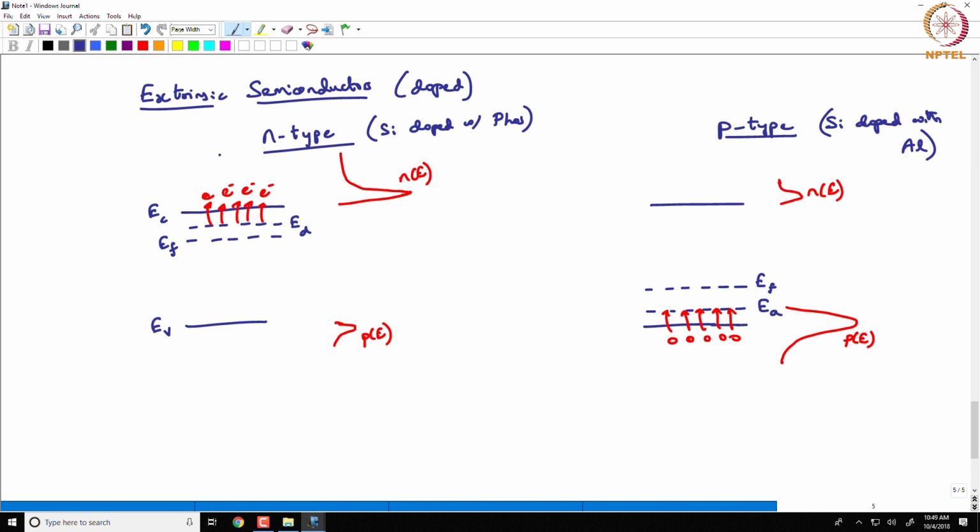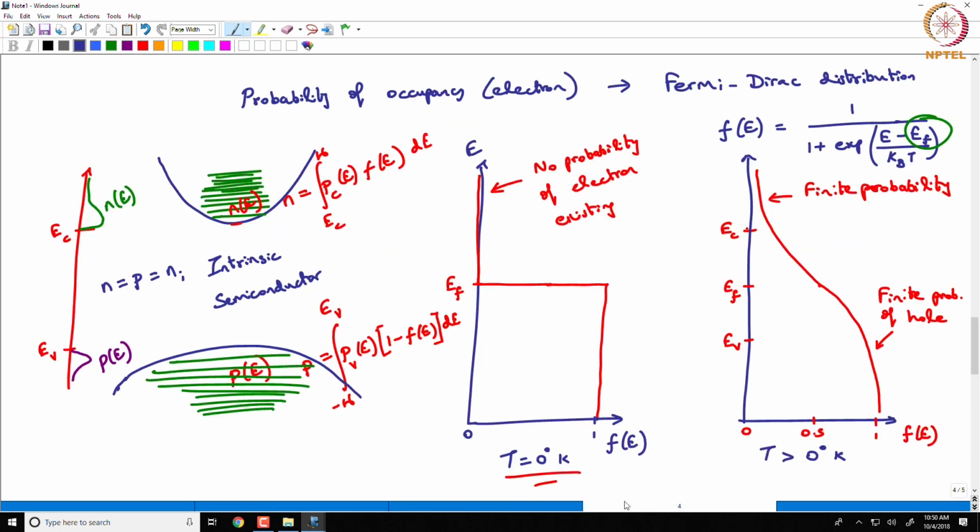So, here in the N-type you have excess electrons, and here you have excess holes, okay. Now, interesting things happen when you have these excess electrons and holes. Before we talk about that, we can also say something else when we are looking at this picture.